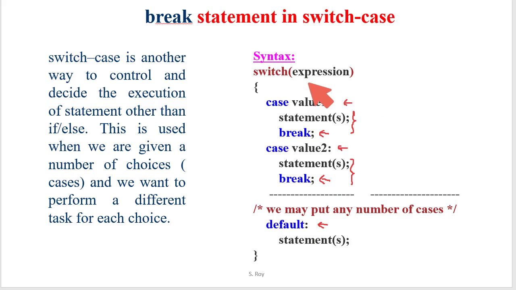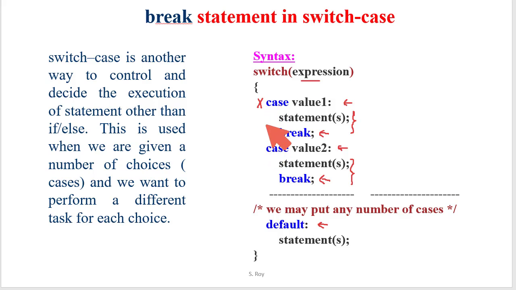What will happen here? Expression must have a particular value. When this expression matches with any of the case values, the statements inside that case will be executed. Say this expression is matching with the value 2. Then this case will not be executed.